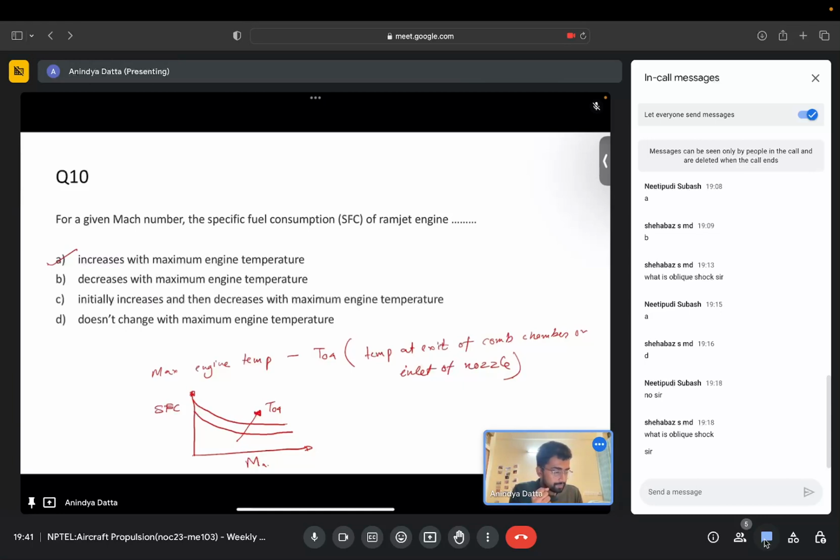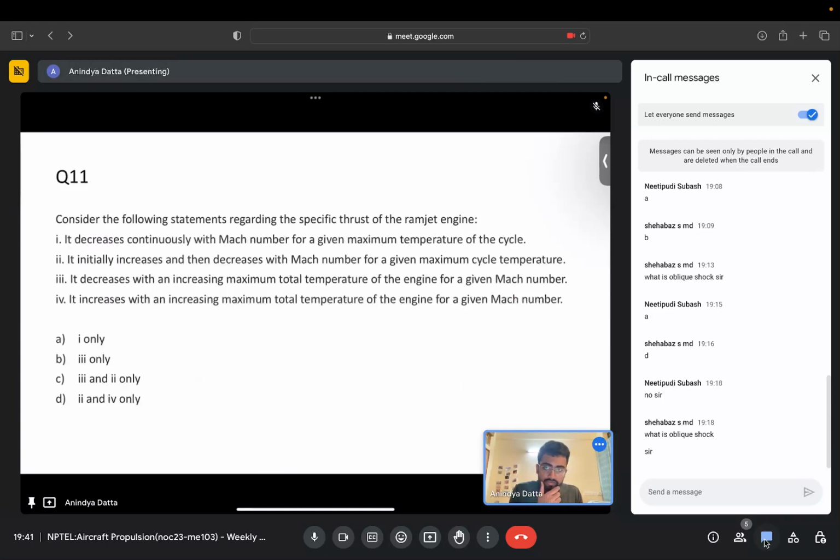Okay, so the next question, question 11: consider the following statements regarding the specific thrust of a ramjet engine. Specific thrust is T by m dot. The options are: statement 1, it decreases continuously with Mach number for a given maximum temperature of the cycle.